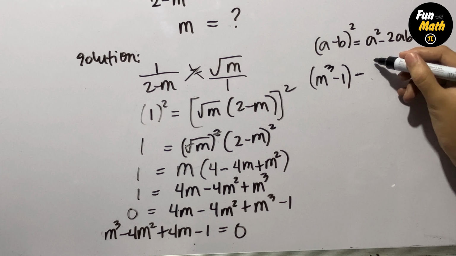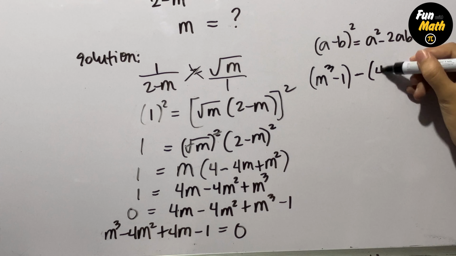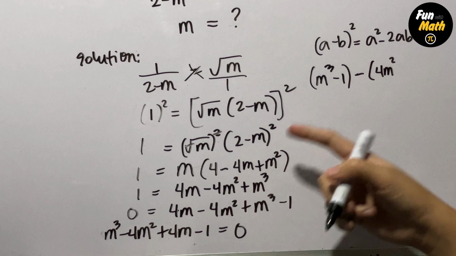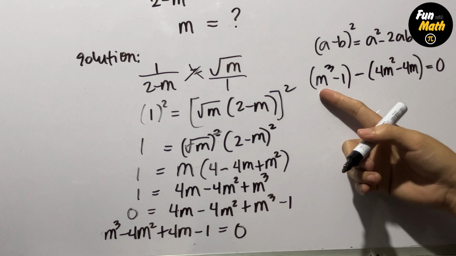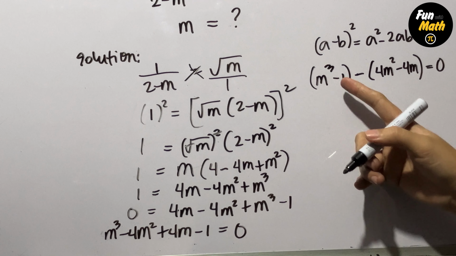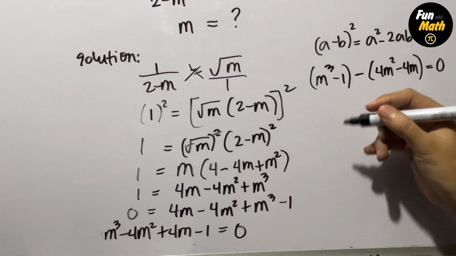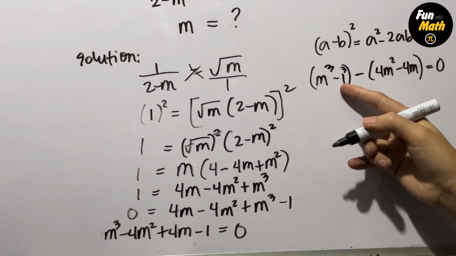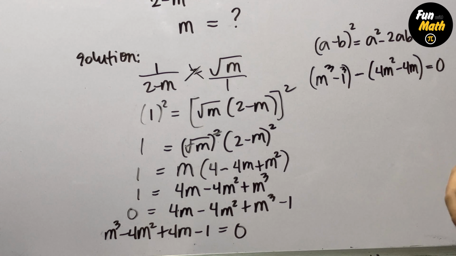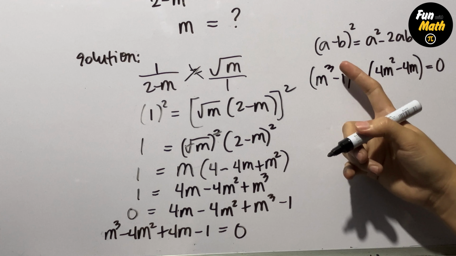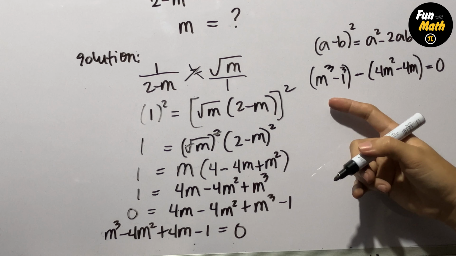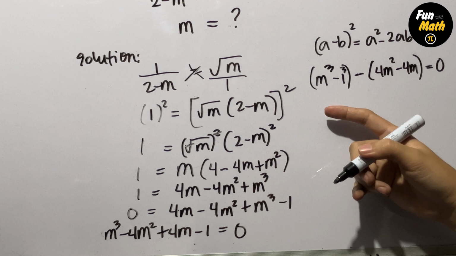So negative times 4m squared, 4m divided by negative, that is negative 4m, equals 0. Now for this, since the other one has a power of 3, for 1, we can put power of 3. 1 to the power of 3 is just equal to 1. So now that they have the same power, 3 and 3, this is called the difference of 2 cubes.